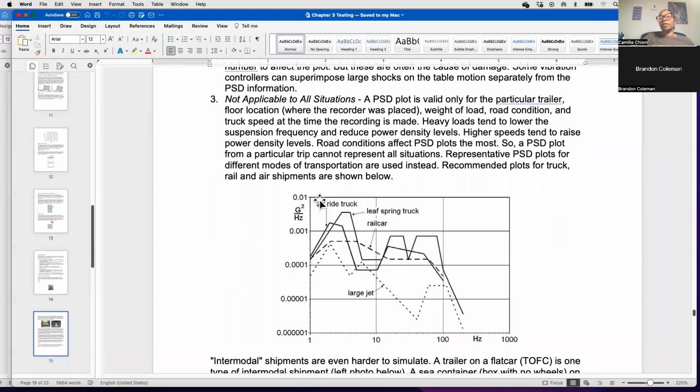I've seen people do a lab test and then send it on a truck across town and it passes. Okay, that's great. But when production starts, you're going to be shipping this 500 miles. So it doesn't really simulate what's going to happen on the road.